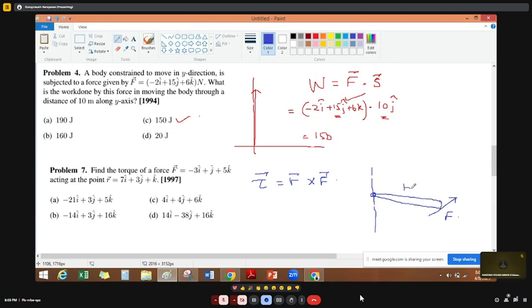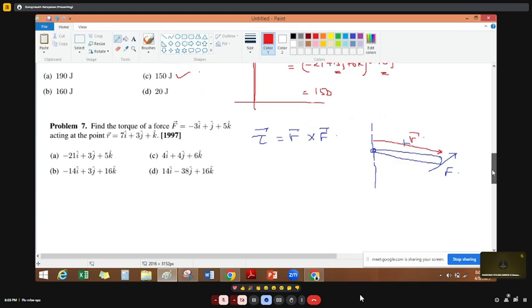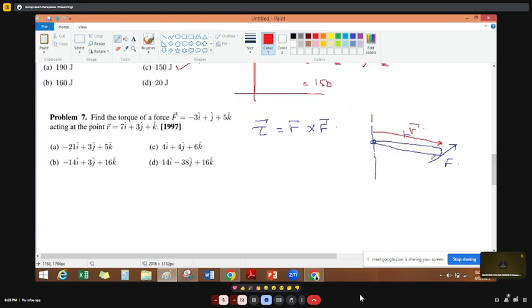This is R. R should be taken from the 0 to this point. This is your R vector. When you take the cross product of R and F, the tails should be touching each other. So you can bring the R vector over here, in the same direction.